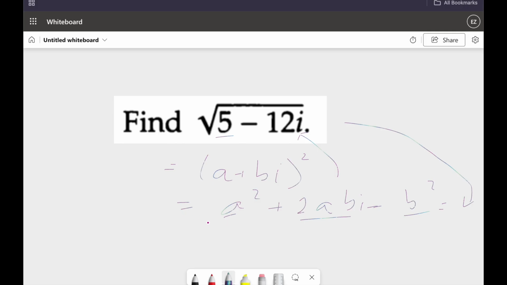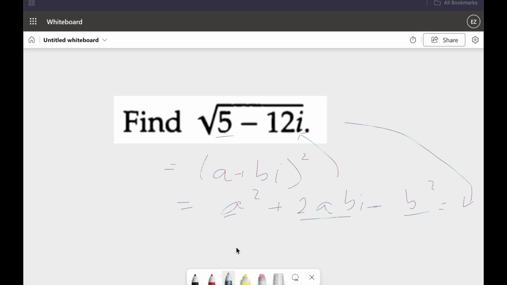By some simple algebra, we know a and b should be 3 and 2.